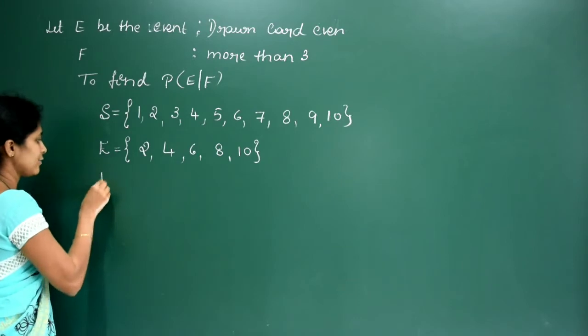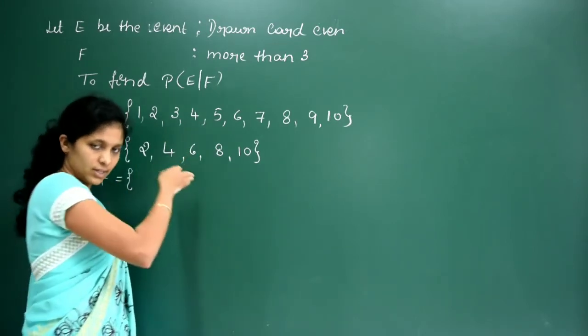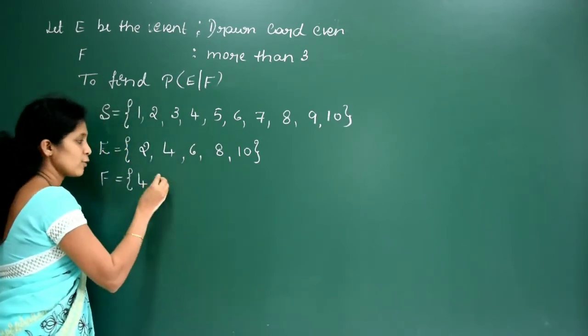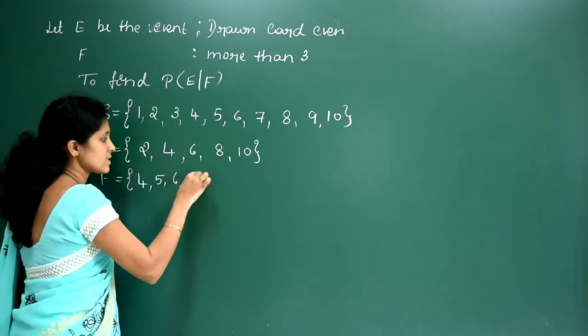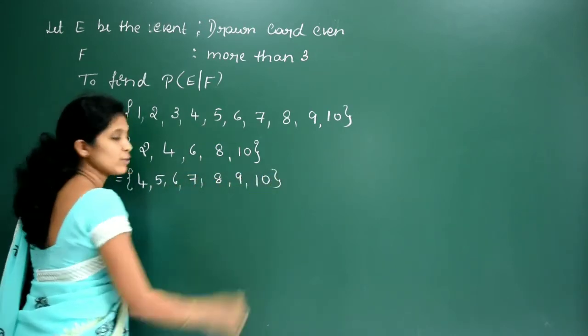Now what is the event F? The drawn card number should be more than 3. More than 3 means the possibilities are 4, 5, 6, 7, 8, 9, 10. Now what you have to find?